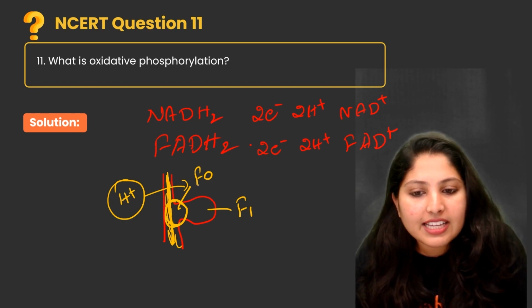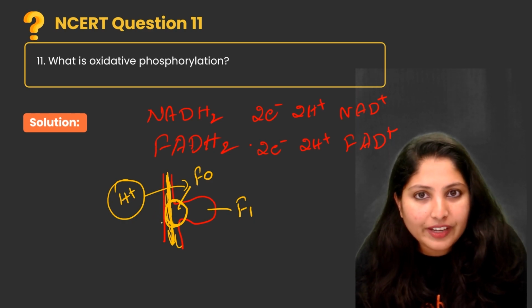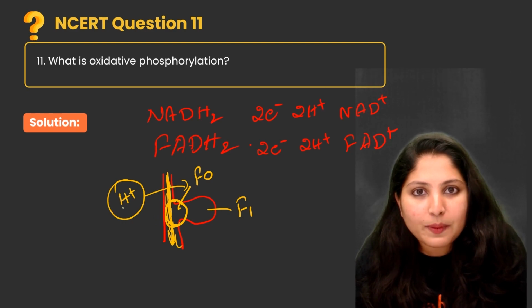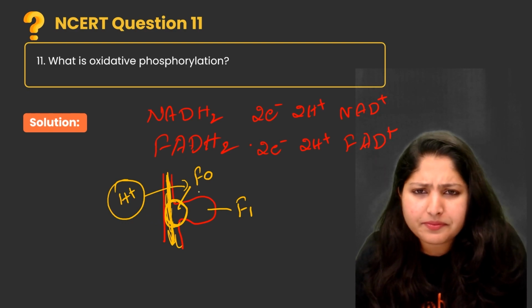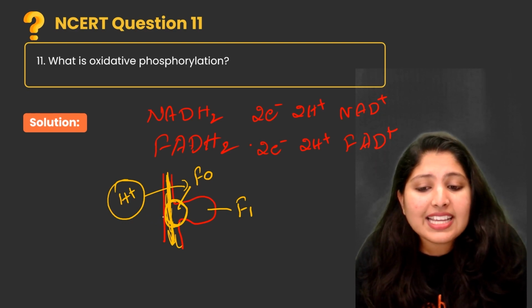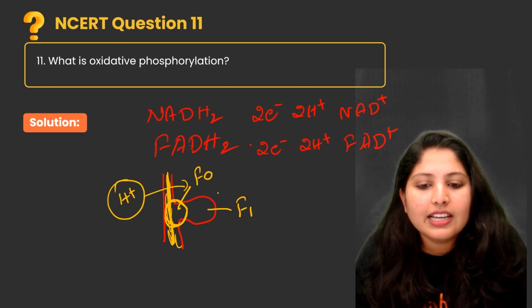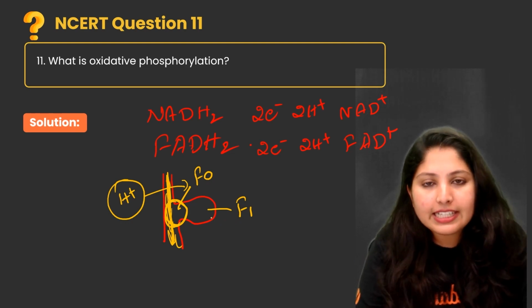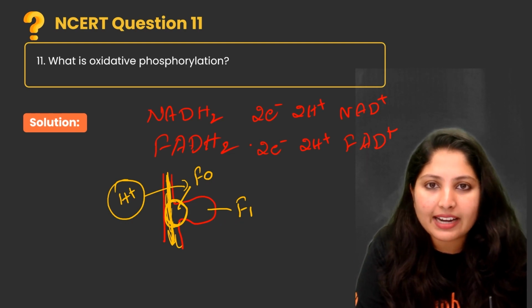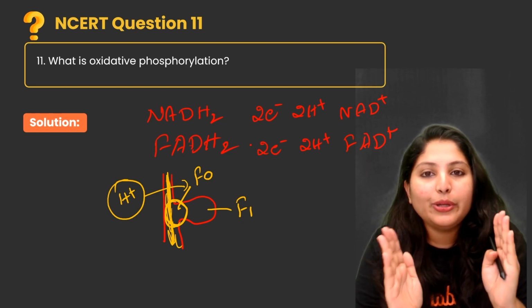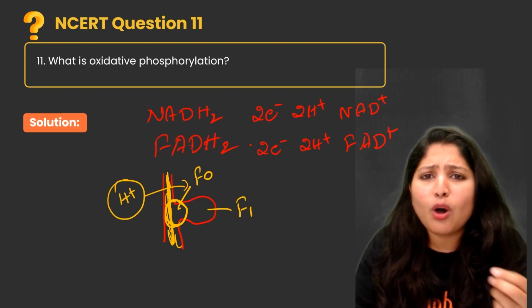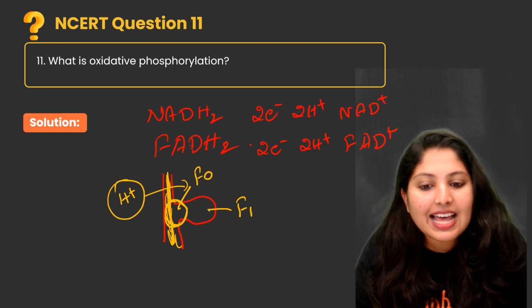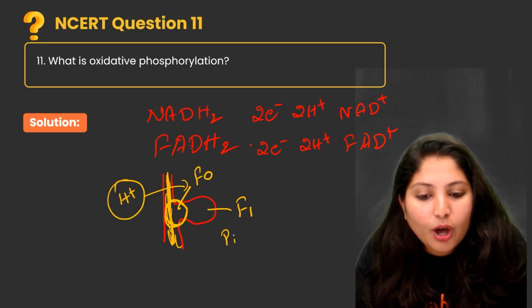So this H plus ion is moving into the F0, but once it has entered the F0, this F1 is telling that if you are going into the matrix, I will allow it, but you have to do a small favor for me. That is, I have inorganic phosphate and also ADP.